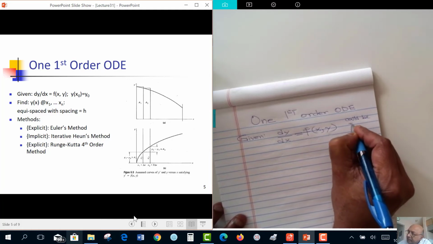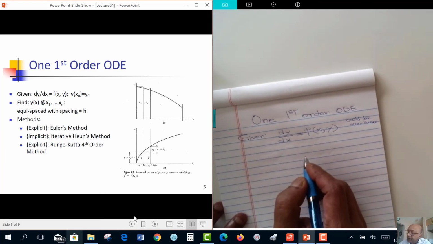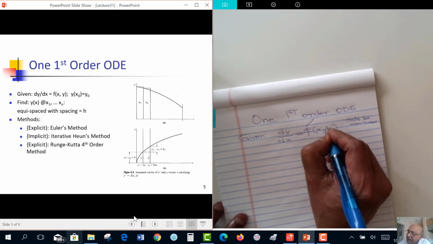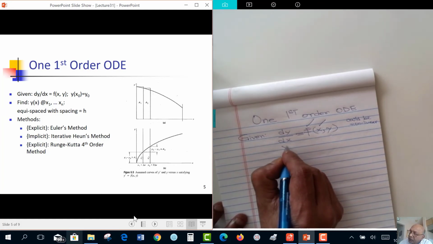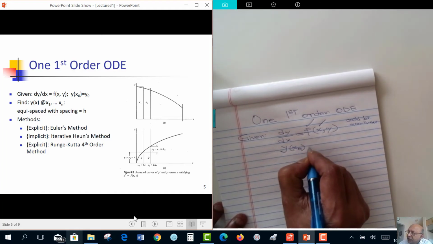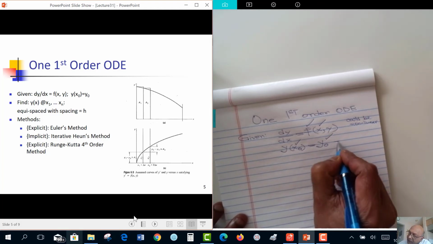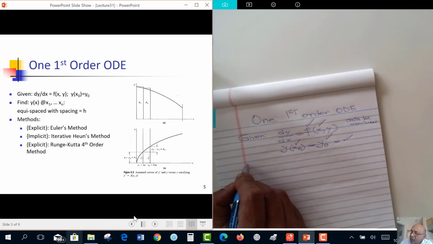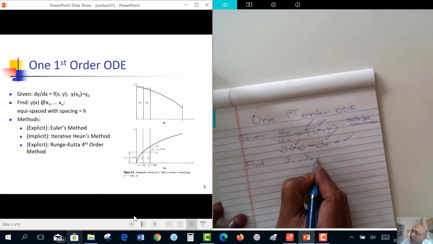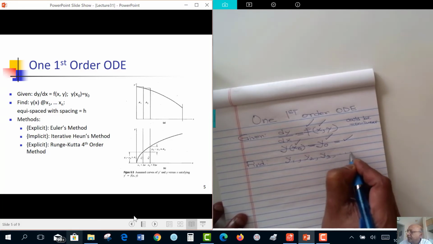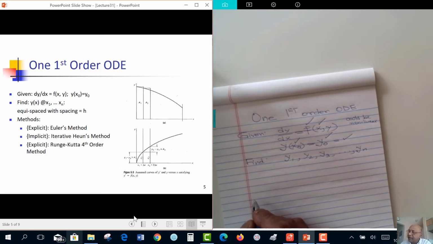We are going to solve all kinds of first order ordinary differential equations. When we say we are given, it means that we know the function and we know the x values. We also know one initial condition, so we know at some x0 what is y0. Then what we want to find is y1, y2, y3, and so on, up to yn. And let's say our x's are equi-spaced.